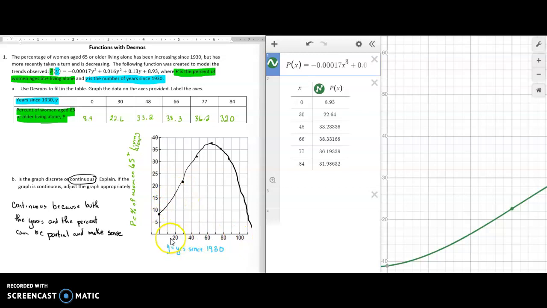So we were given what we call the window or the axes and how it was scaled.